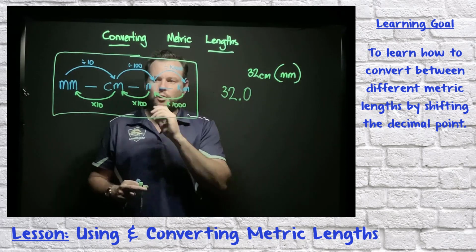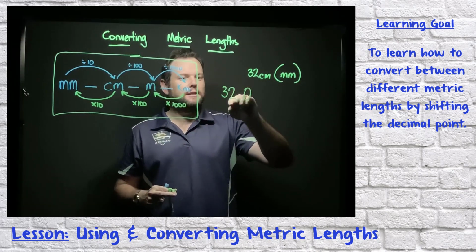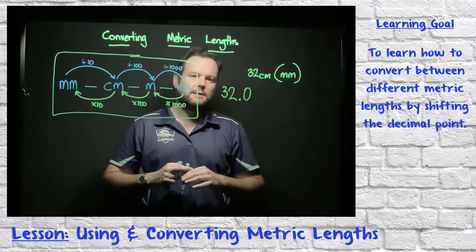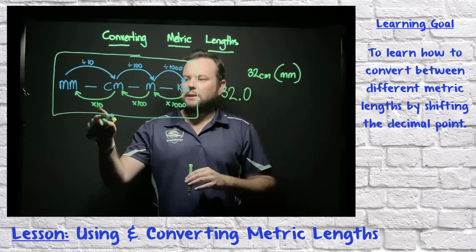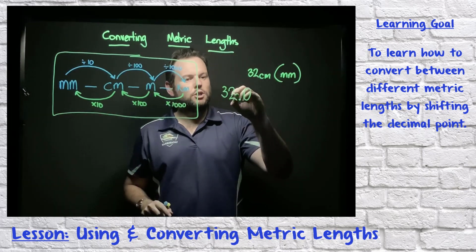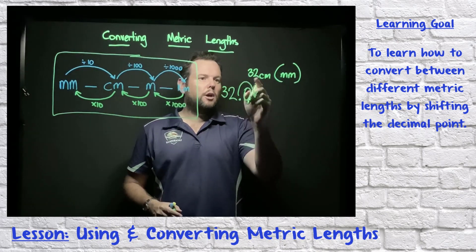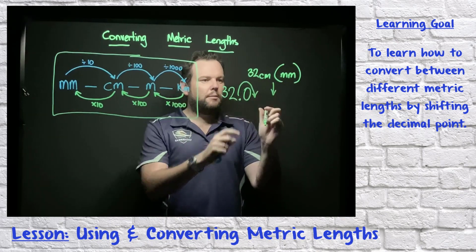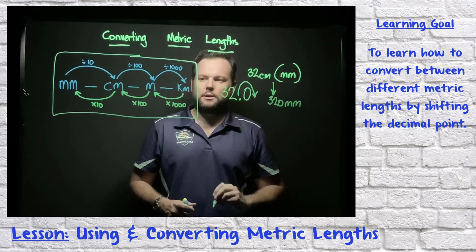And when I multiply by a power of 10, I shift the decimal point to the right by however many zeros there are in that question. So in this instance, there is 1 zero. So that means I'm going to shift the decimal point once to the right. So this question, 32 centimeters into millimeters, is going to be 320 millimeters, okay?